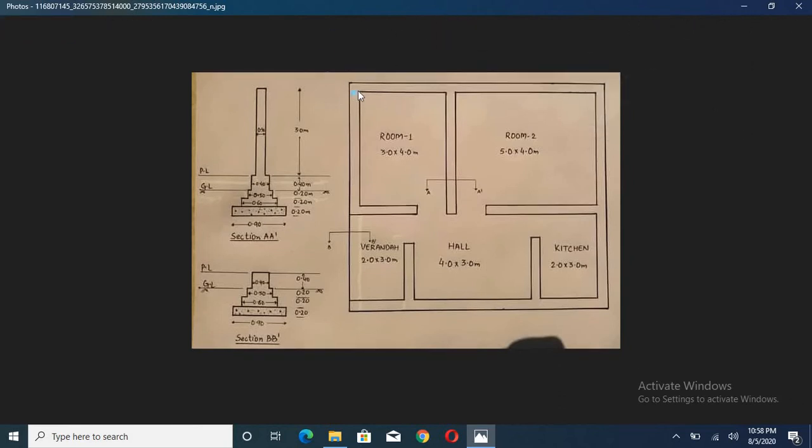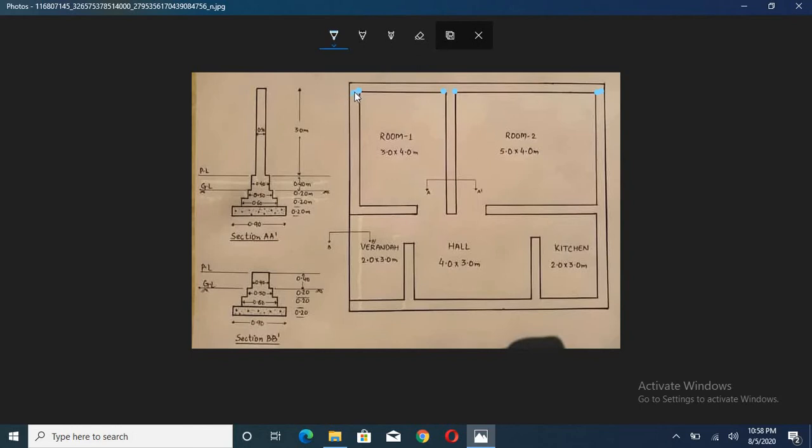Look, from here to here it is 0.15. From here to here it is 3 meter. Again up to here is 0.3, and if we come up to here, then from here to here is 5 meter, and if we again go to the center, that is 0.15.